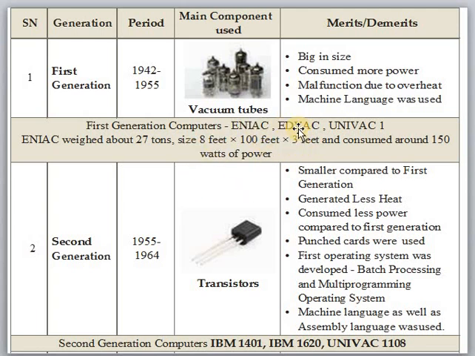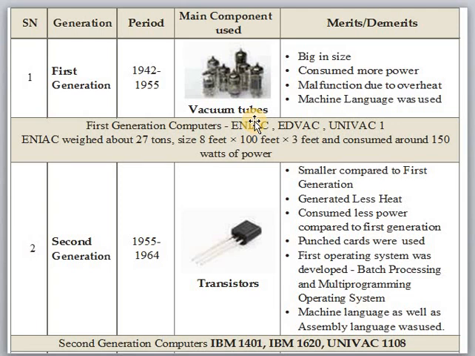So this is the size of the ENIAC computer, and it consumed around 150 watts of power. So this is all about your first generation computer. The first generation duration is from 1942 to 1955. The component used in that is vacuum tubes.